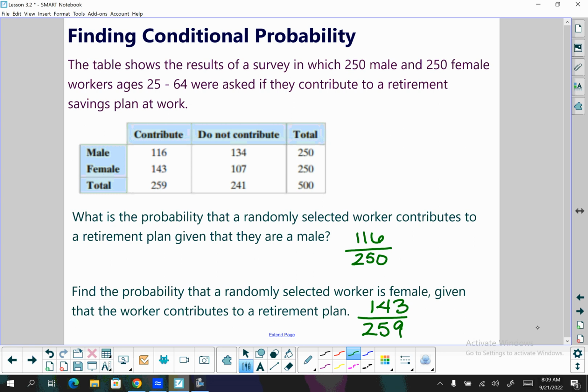So, given that they are male, there were 250 males total. Out of those, 116 contributed, and then again, you can turn that into a decimal if you need to. Find the probability that the randomly selected worker is female, given that they contribute to the retirement plan. 259 people contribute. That's the denominator. Females in that group were 143. All right, questions getting those probabilities?